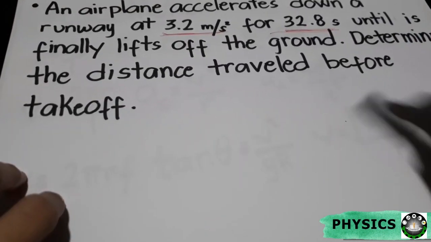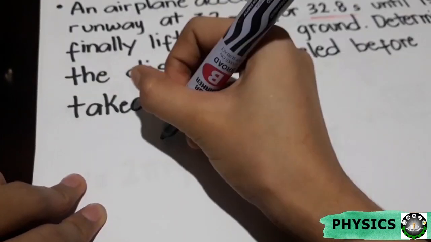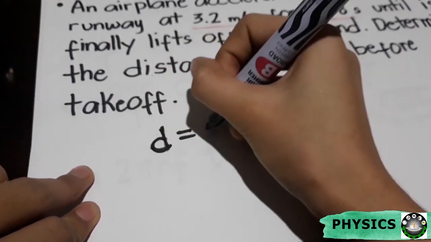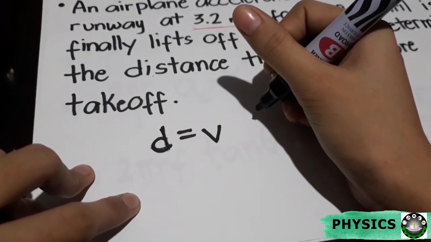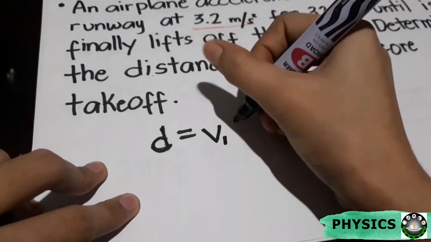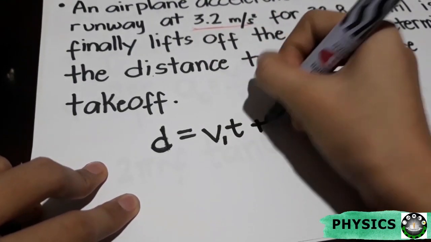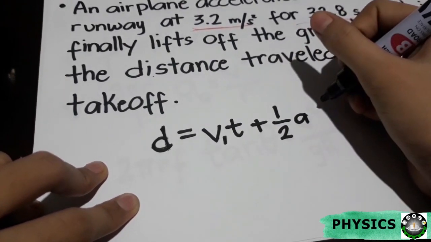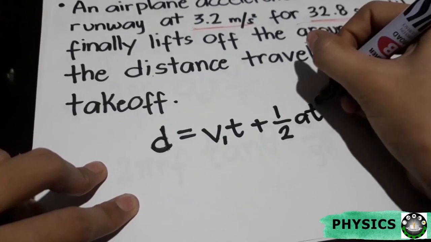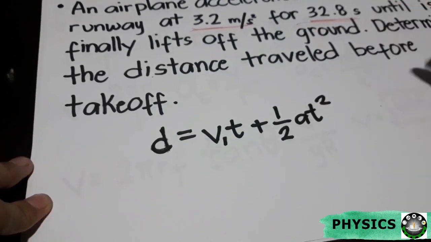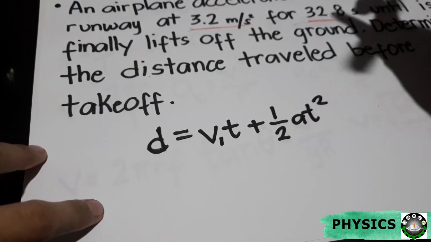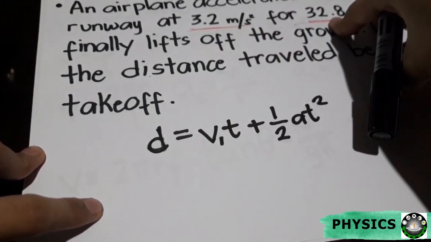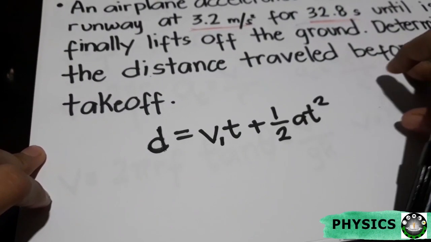So the formula that we're going to use is displacement is equal to initial velocity multiplied to time plus 1/2 of acceleration multiplied to time squared. And then we have here the acceleration, the time, and the initial velocity is equal to 0. So we can solve it now.